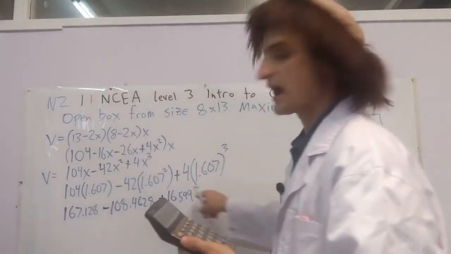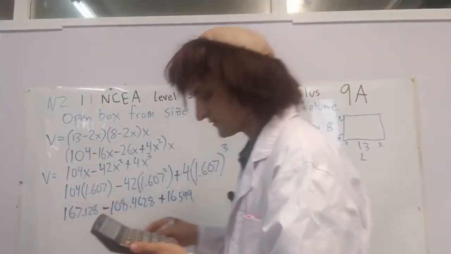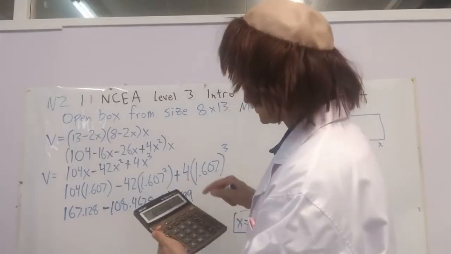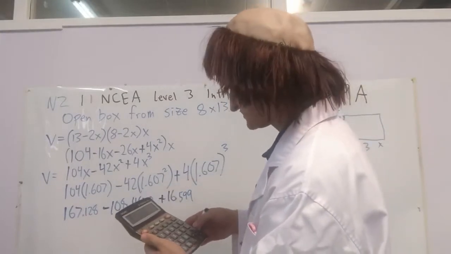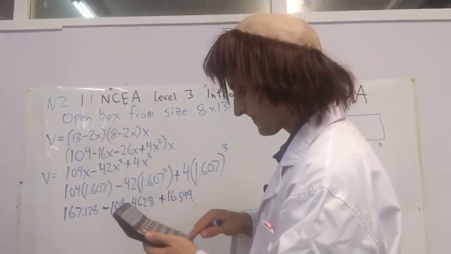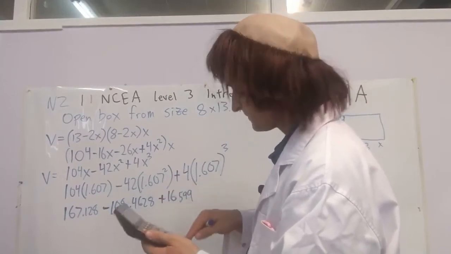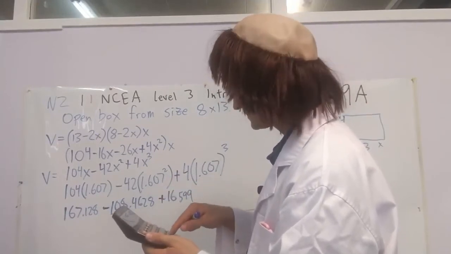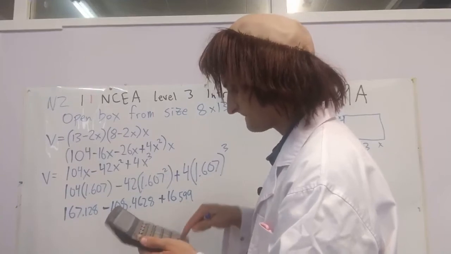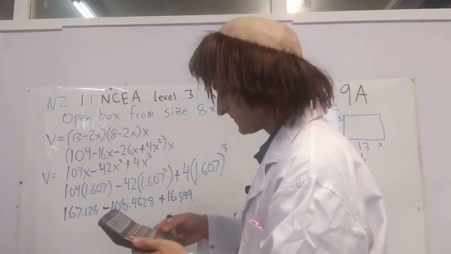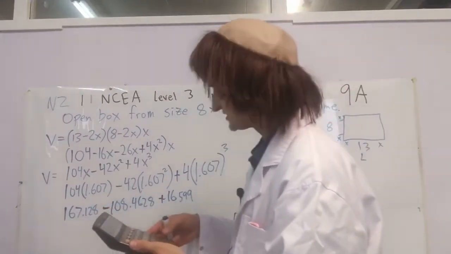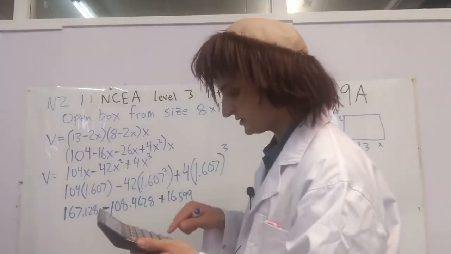Then we just have to add up all these numbers together. So we've got minus 108.4628 plus 167.128.